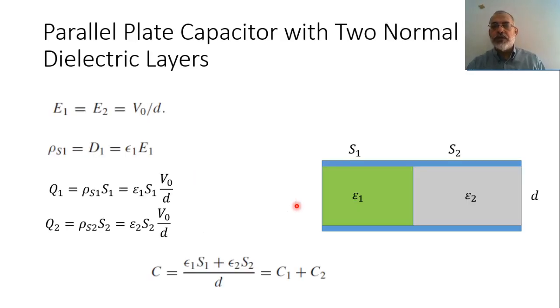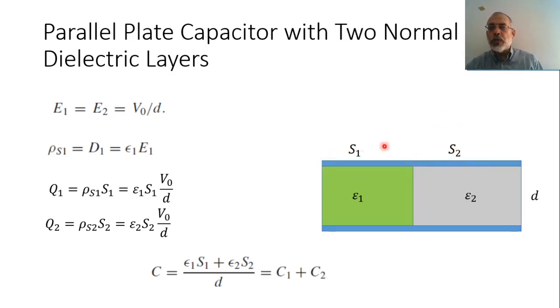The question now, what will be the situation if the dielectric material is separated in parallel instead of in series? In this case, the total surface is divided in two surfaces, surface 1 and surface 2. So the total charge on surface 1 is rho surface 1 multiplied by surface 1, and the charge on surface 2 would be rho surface 2 multiplied by surface 2.